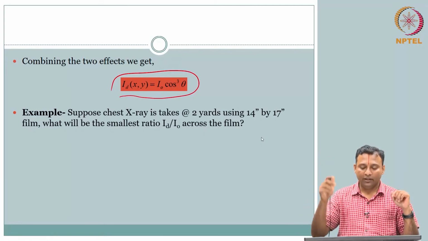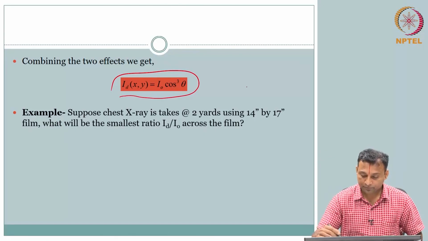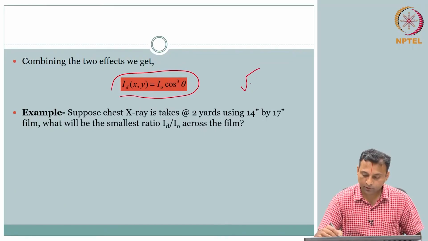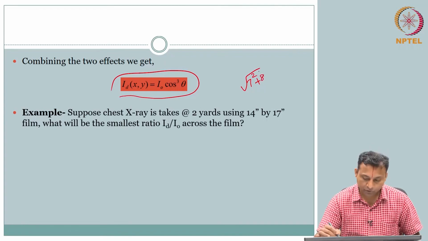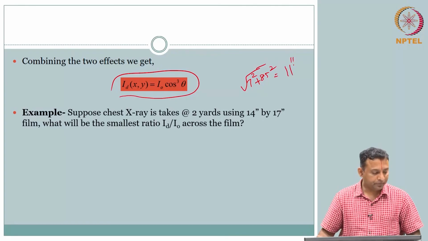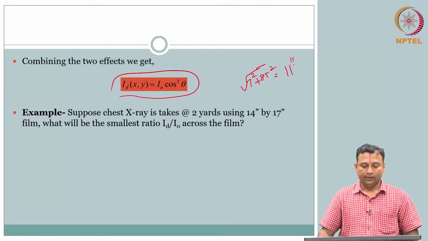So, that is going to be the square root of (14 by 2) squared plus (17 by 2), that is 8.5, squared, whatever that number is. This turns out to be about 11 inches. Okay.